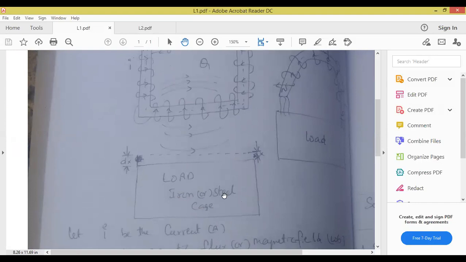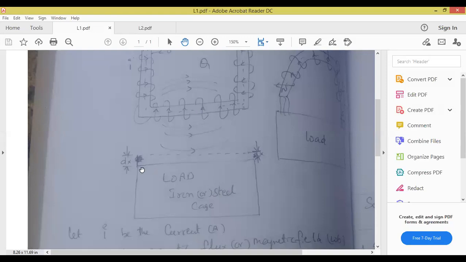We have to pick up this load with the help of the electromagnet. We pass the current. When current flows through the magnet, magnetic energy is created, which attracts the steel cage. The steel cage moves towards the electromagnet, and the electromagnet lifts this object.